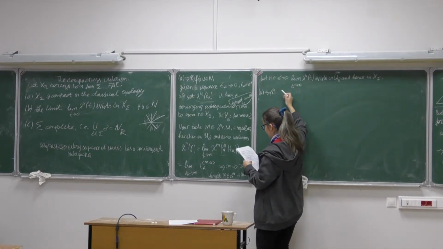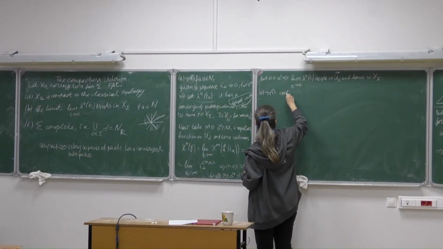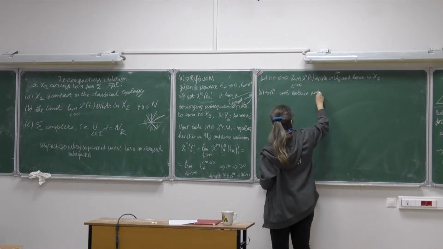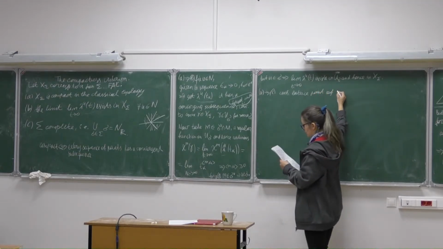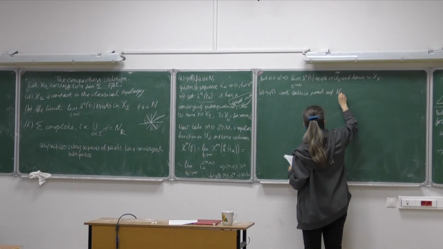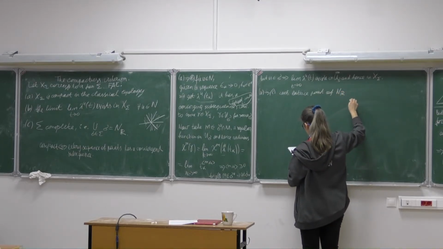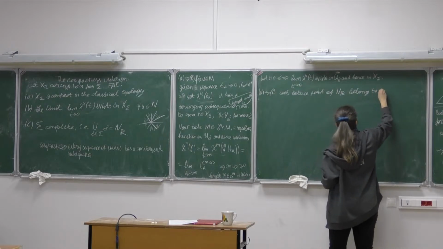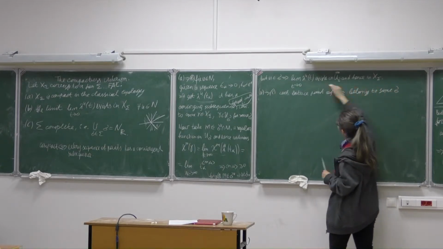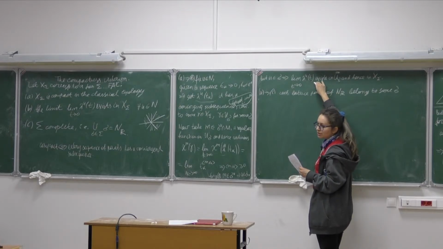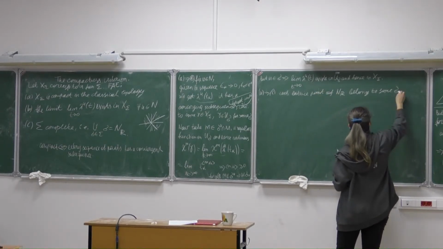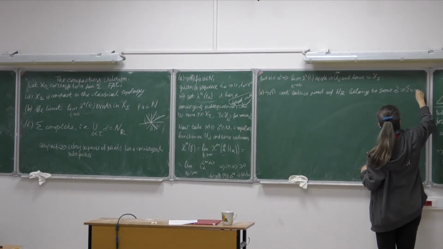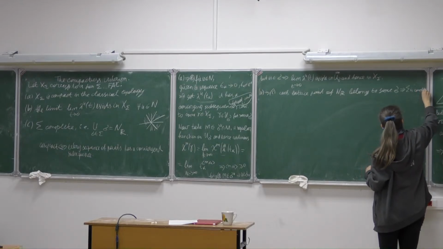But each lattice point of our N_R belongs to some sigma, the same stuff as here. And so the fan should be complete.